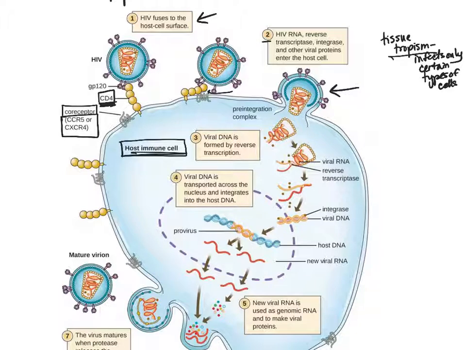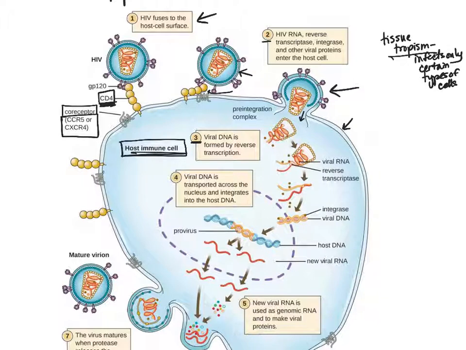So this is an example of membrane fusion, right? We can see that this is an enveloped virus. HIV is an enveloped virus, not cell, virus. And that envelope is going to merge with the plasma membrane of this immune system cell. So the membranes are going to fuse, and then you can see that the rest of the virus is going to enter the cell. So the virus goes into the cell.